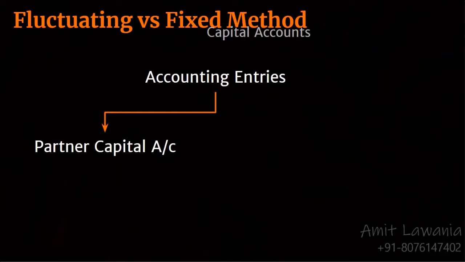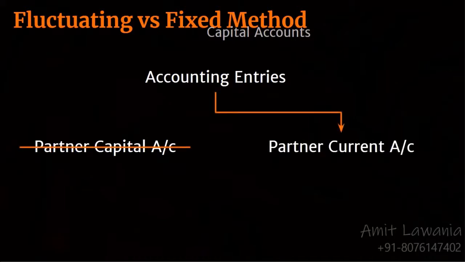But in fixed capital account, we will maintain one more account where all the entries will be made. This will be the current account, and no entries will be made into the capital account. We have already discussed this earlier today. Now it is time to understand the concept with the help of our example.